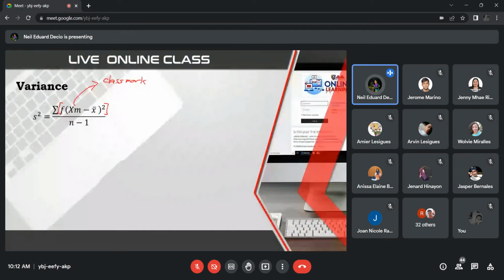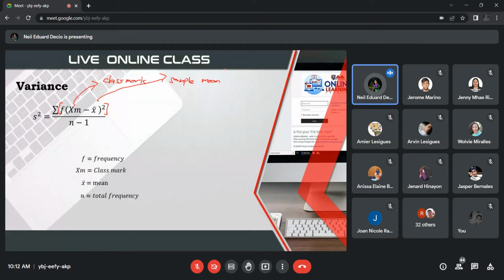Then X bar, of course, is the sample mean. So in solving for the variance, we first have to get the sample mean. F here is the frequency which is given, XM is the class mark, X bar is the mean, and N is the total frequency.